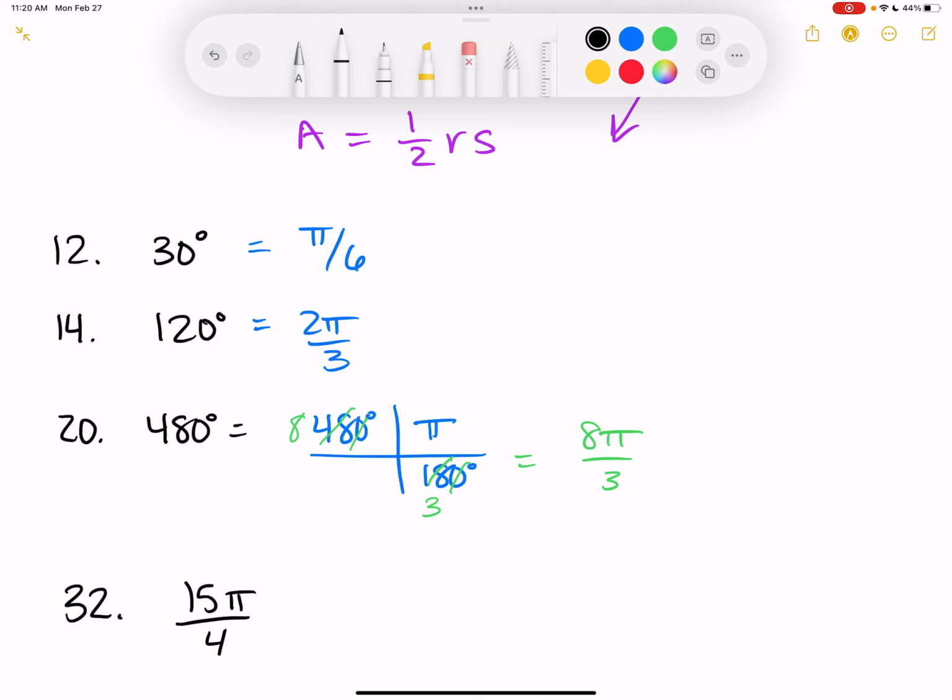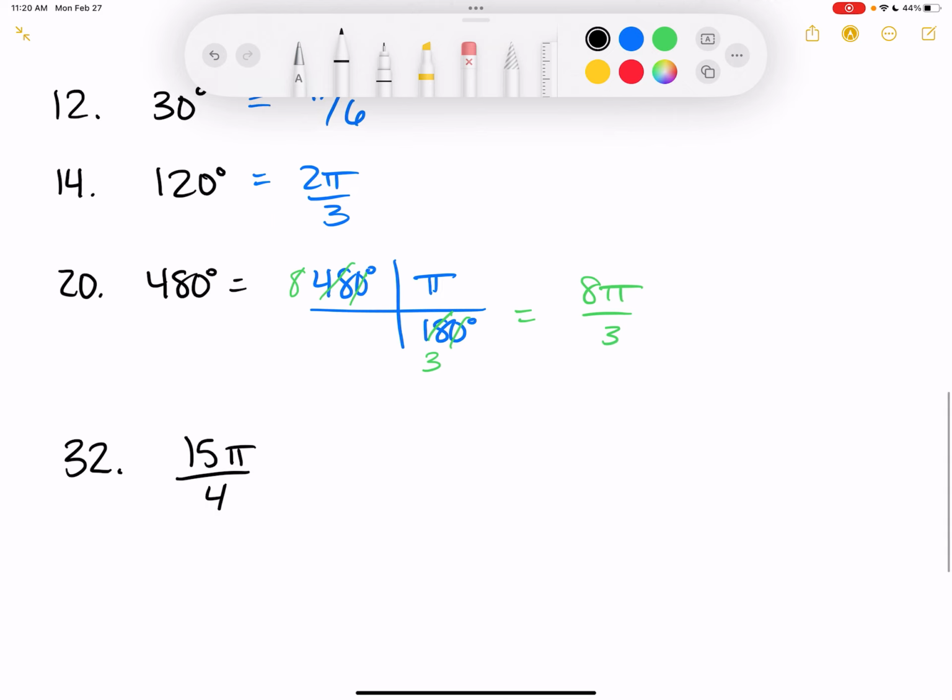So, not that we can't count it out on the unit circle and figure out where it is or how many degrees around it is, but since it's more than 2 pi, let's use the conversion factor. So 15 pi over 4 times 180 over pi.